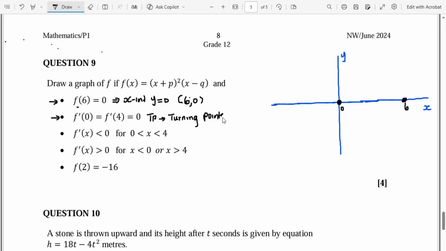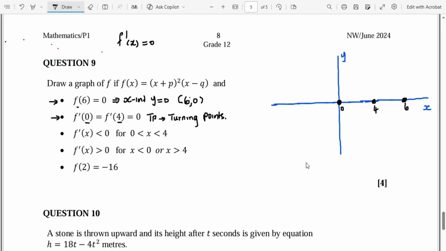The x values of the turning points, I already know, are 0 and 4. Remember, when you find the turning point, f prime at x must be equal to 0. They tell you that both f prime at 0 and f prime at 4 are equal to 0. So we're going to have a turning point at 0, and another turning point at 4. I'm just going to put that in that way.